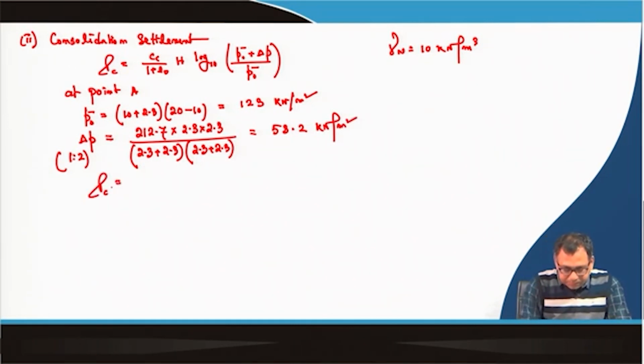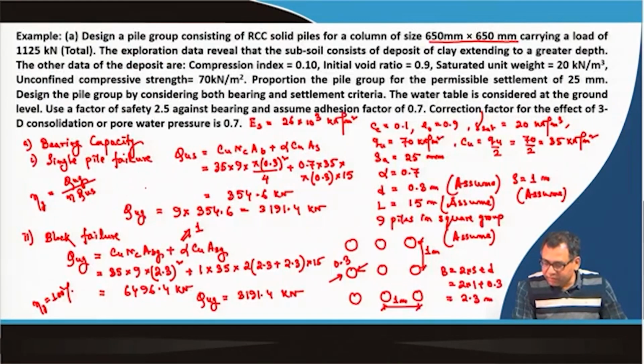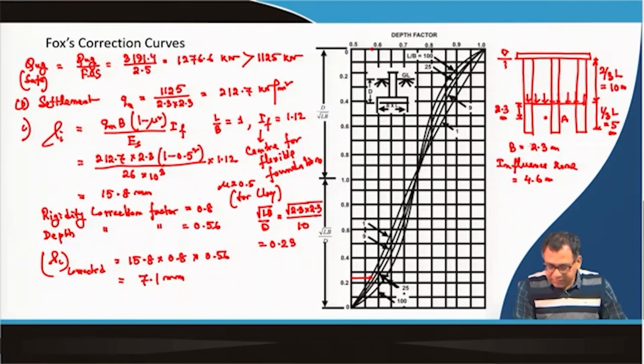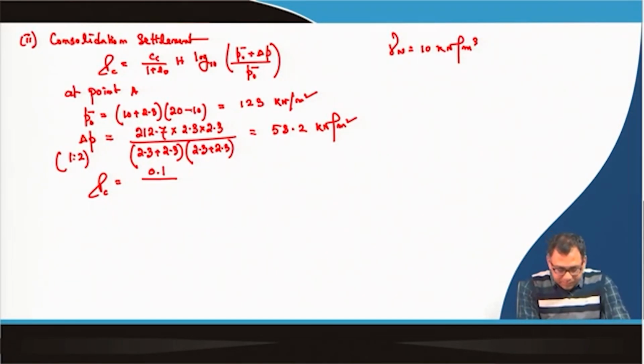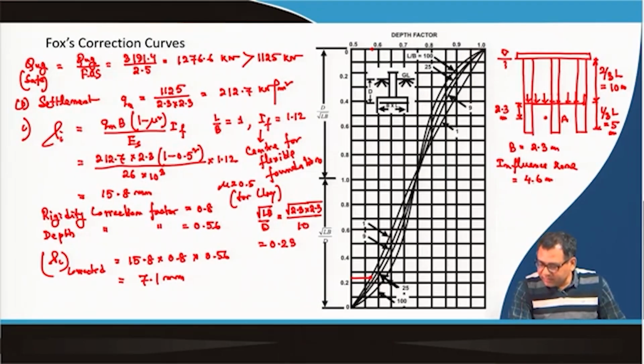So, for the uncorrected consolidation settlement, Cc is 0.1, e0 is 0.9, gamma saturated is 20, that is why we have taken 20 here. So, 1 plus e0 is 0.9, the thickness H is 2B, which is 4.6, the influence zone.